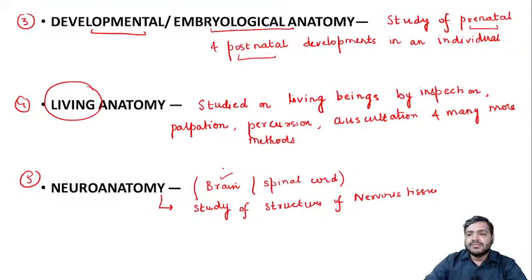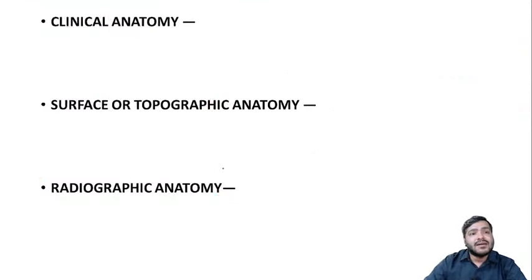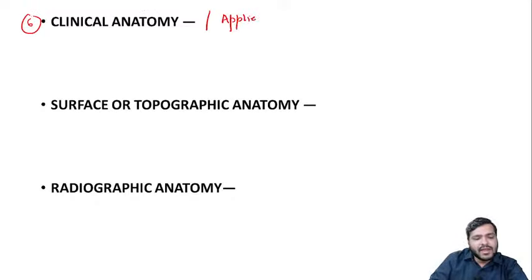Okay, so moving ahead with the other three branches of anatomy, the clinical anatomy, that is the sixth one, and you all know that it is also called applied anatomy.